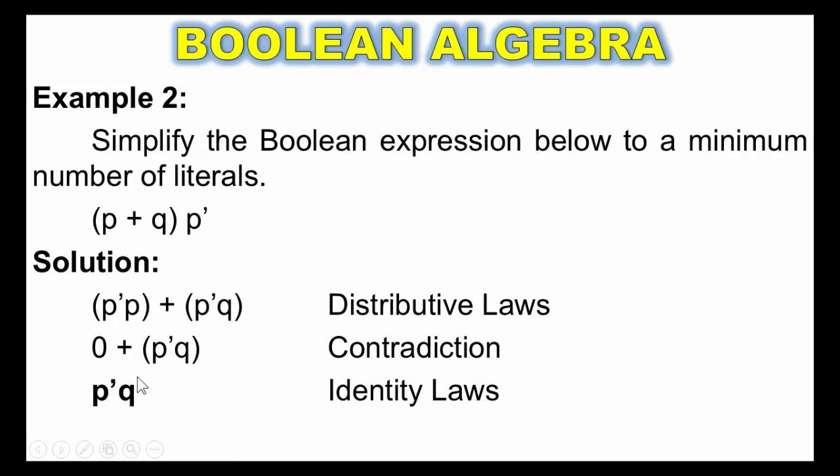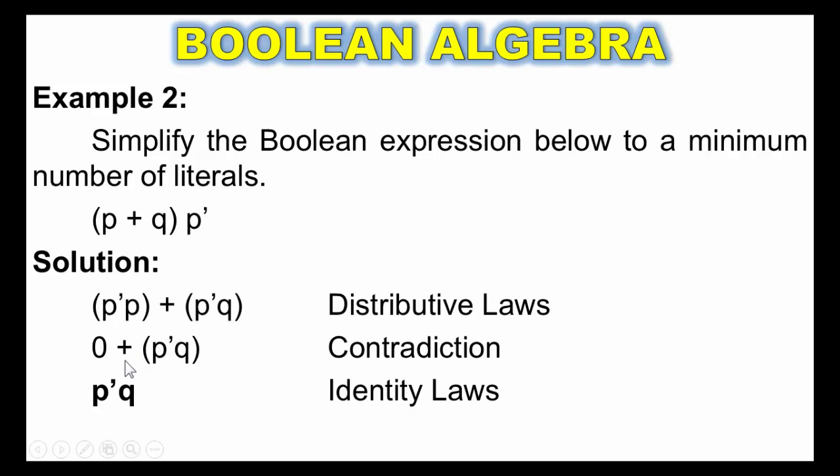Next, we can observe that this quantity, not of P and P, is a contradiction, and it is always false. Therefore, it becomes 0. And then we copy the rest of the terms.